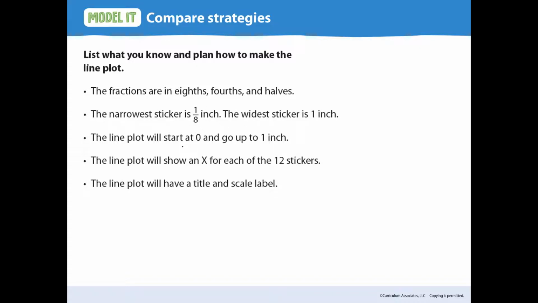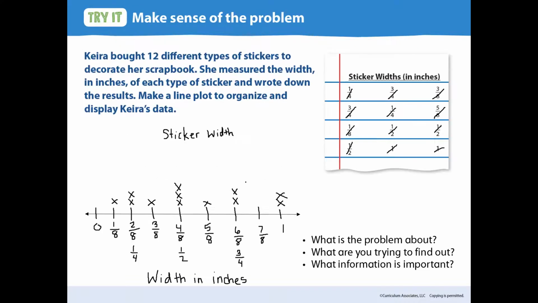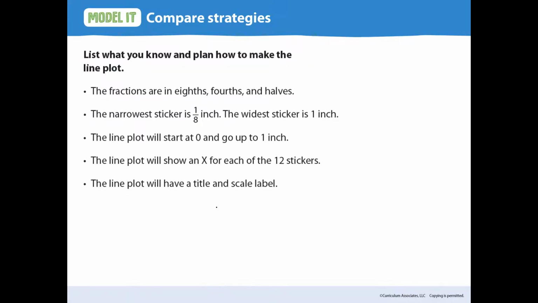The line plot will start at 0 and go up to 1 inch. The line plot will show an X for each of the 12 stickers, and the line plot will have a title and a scale label. So what we just did here is what they're describing.